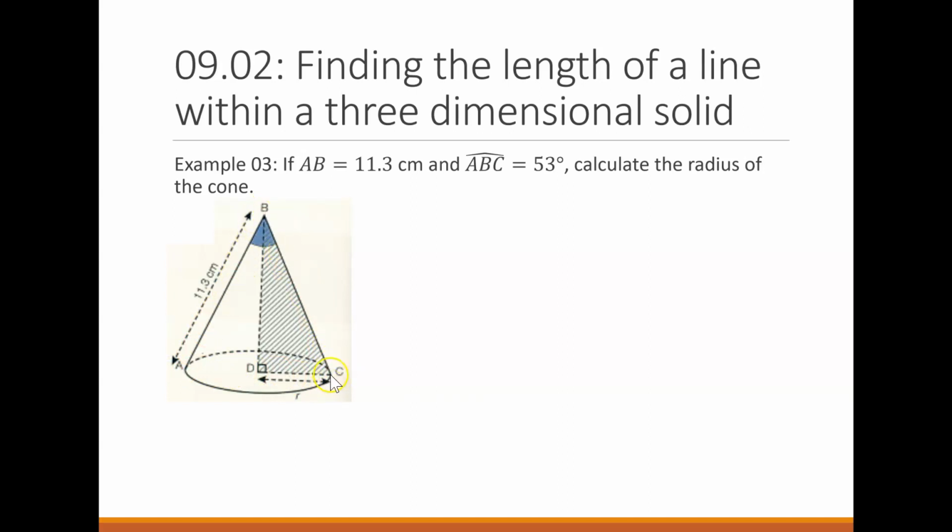Isosceles, yeah. In an isosceles triangle, the angle bisector from the apex is also a perpendicular bisector of the other side, and vice versa. So I know the perpendicular bisector here is also an angle bisector up here. This is not true if you don't have an isosceles triangle.